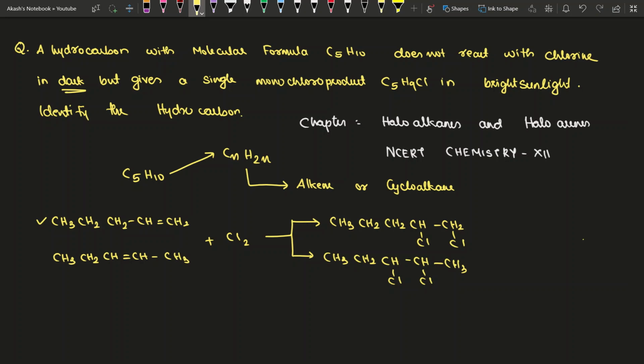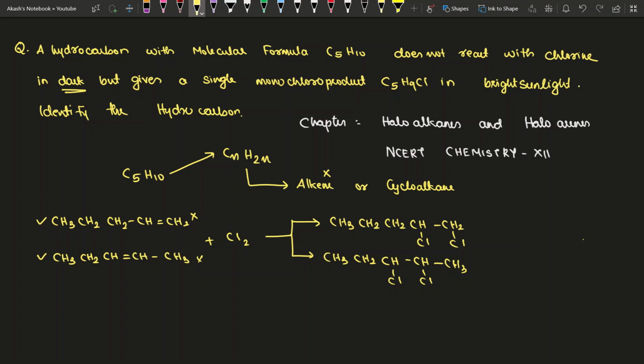That means the molecule is not an alkene, so our possible answers cannot be these two alkenes.